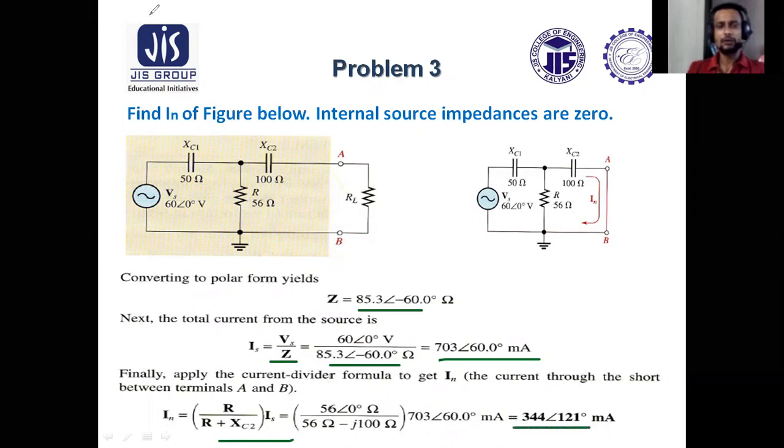So this is how you can solve AC networks as well as DC networks by applying Thevenin's theorem, Norton's theorem, or superposition theorem. The main important point here is, if a network has multiple sources, then it is better to apply the superposition theorem.